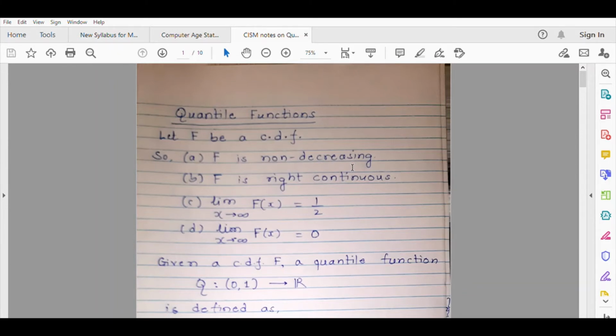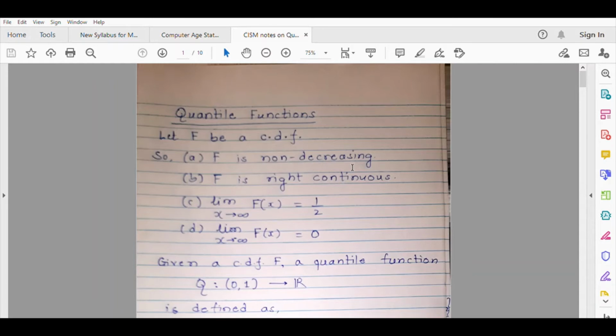If you recall, all this discussion is based on the fact that the distribution function's values always lie between 0 and 1, and if you are dealing with a strictly continuous distribution function, then it will have a uniform distribution over the interval 0 to 1 if you allow x to vary over the real line.